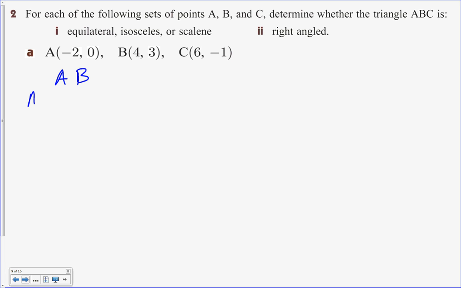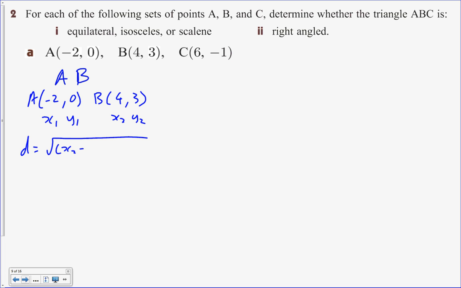So A is -2, 0. B is 4, 3. So it's going to be x1, y1, x2, y2. Our formula, D equals square root x2 take x1 squared plus y2 take y1 squared.